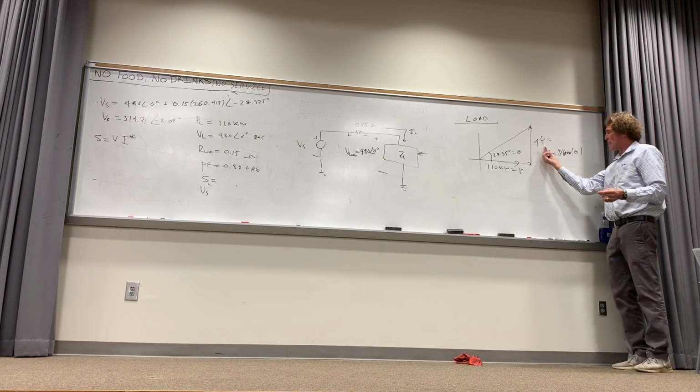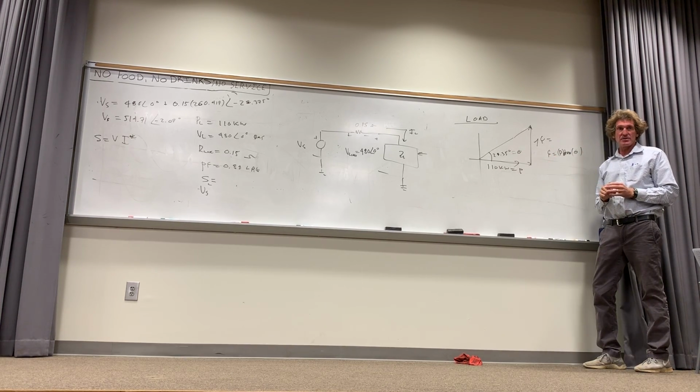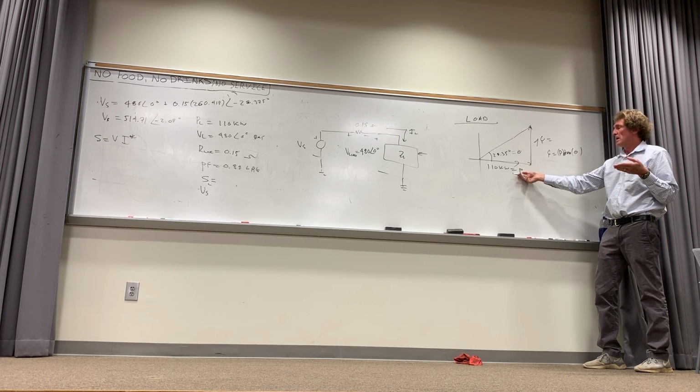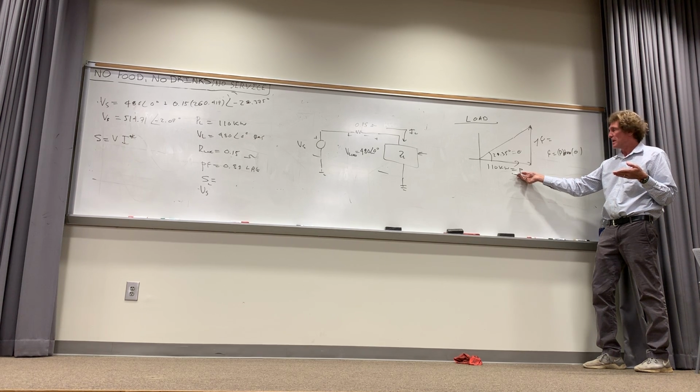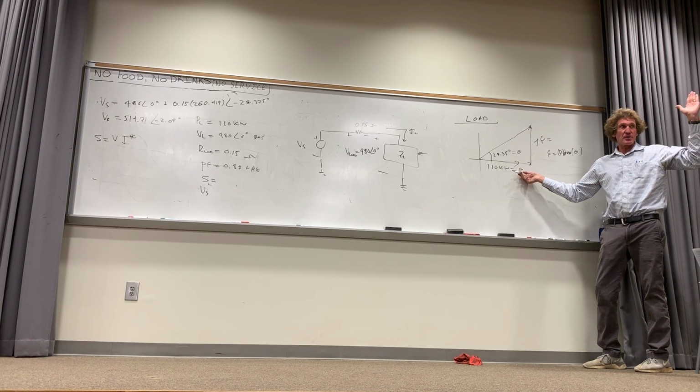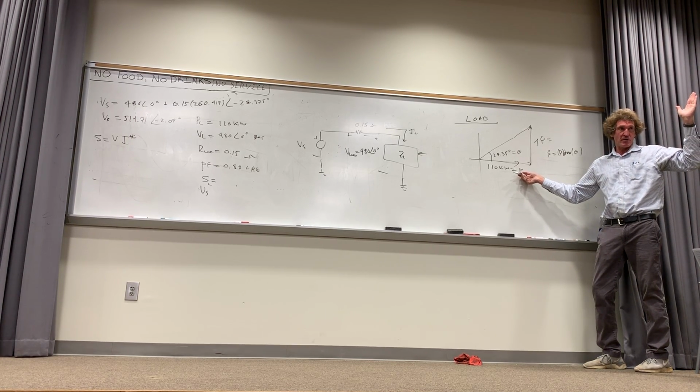You all agree with me? Opposite over adjacent is the tangent of that angle, correct? So I can get Q by simply taking the power and multiplying by the tangent of 28.35 degrees. Not the cosine, the tangent. Do y'all follow me, class? I'm showing you this several different ways so you're clear about it.